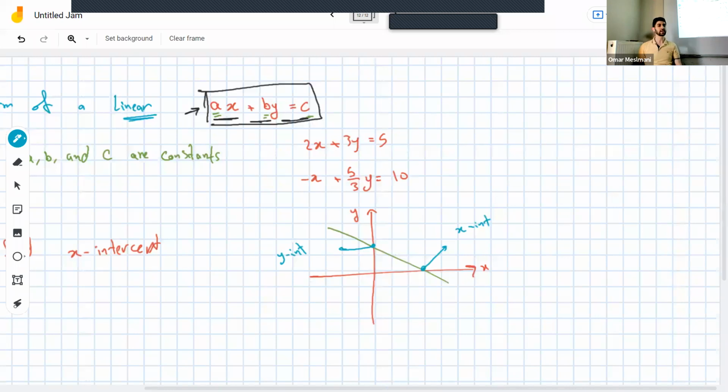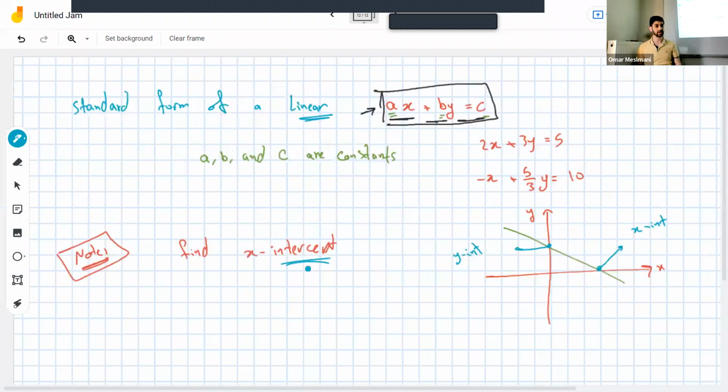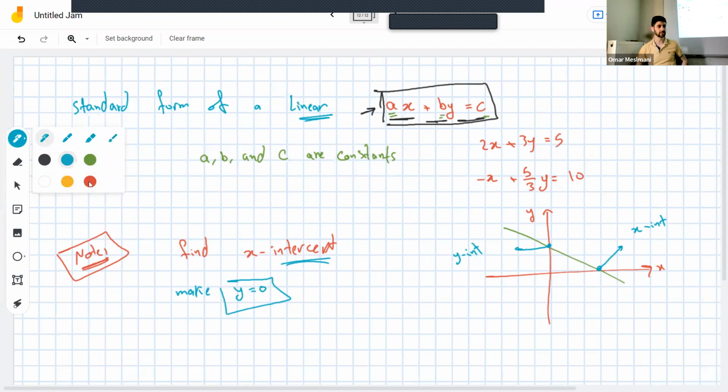If you want to find the x-intercept, what do you say? You substitute y equals 0 in your equation, and then you can get the x-intercept.